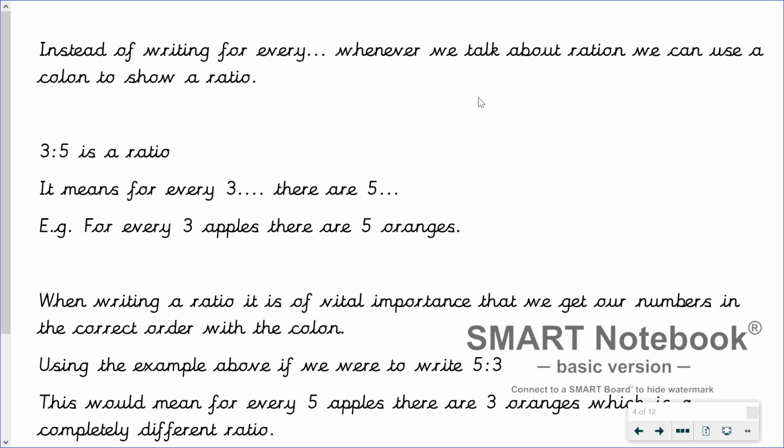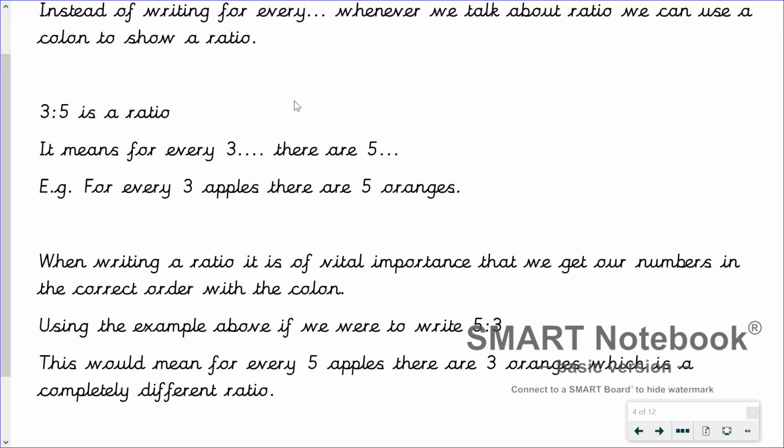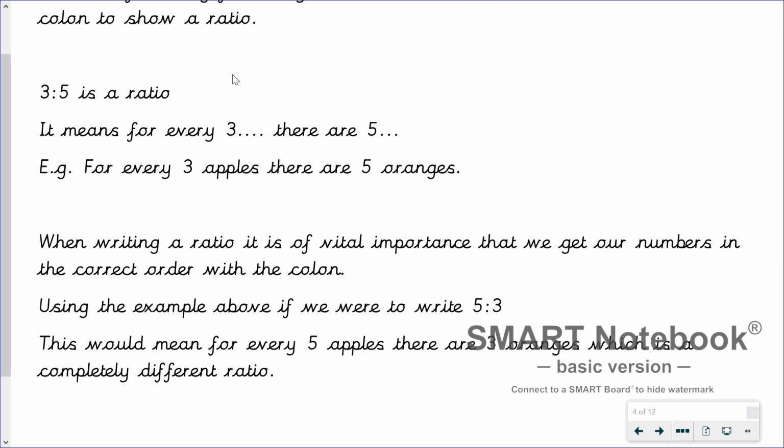So instead of writing for every whenever we talk about a ratio, we can use a colon to show it. So 3, put the colon in the middle, 5. 3 to 5 is a ratio, and it basically means for every 3, there are 5 somethings. So for every 3 apples, there are 5 oranges, for example. But instead of writing for every and writing large sentences, we can just write a simple ratio like that.